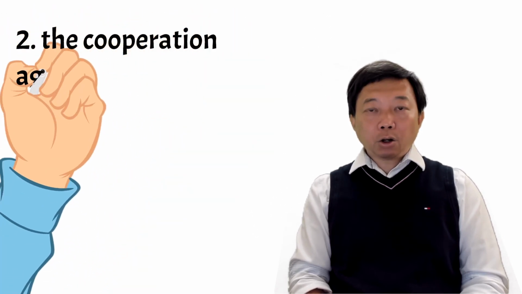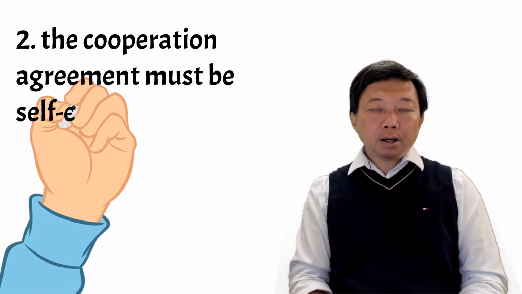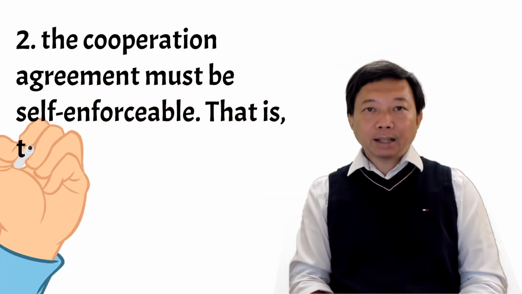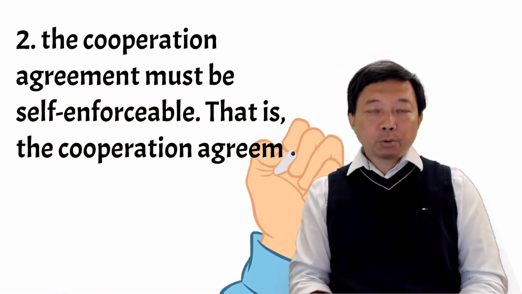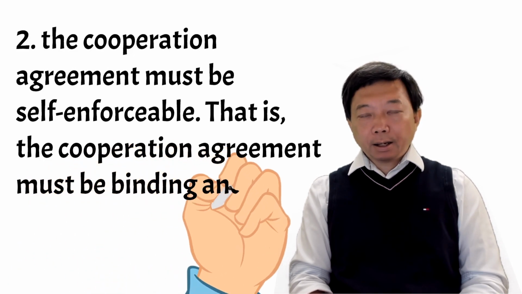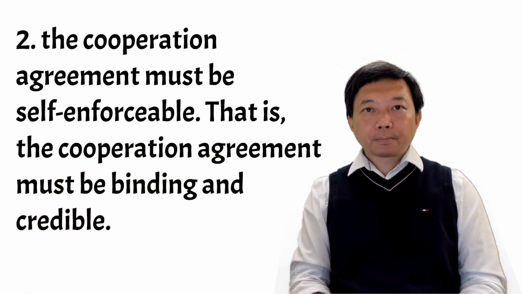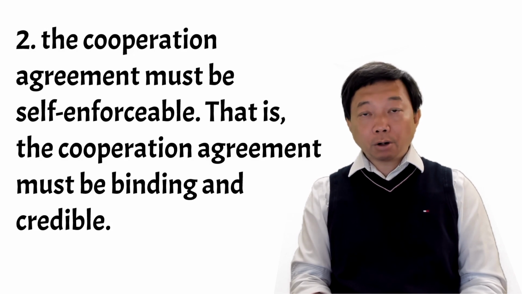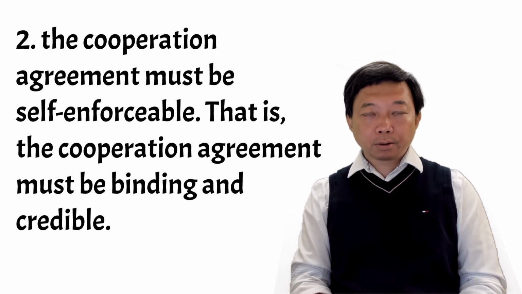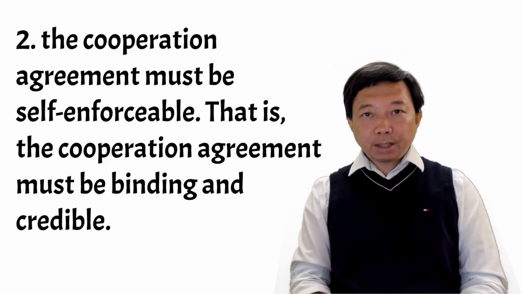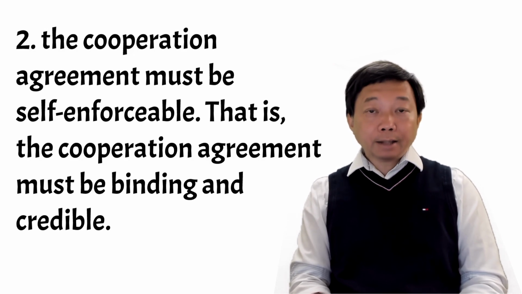Second, and more importantly, the cooperation agreement must be self-enforceable. That is, the cooperation agreement must be binding and credible. In our prisoner's dilemma, if the suspects communicate beforehand and reach an agreement not to confess once caught, do you think they will stick to the agreement and not defect after being caught?